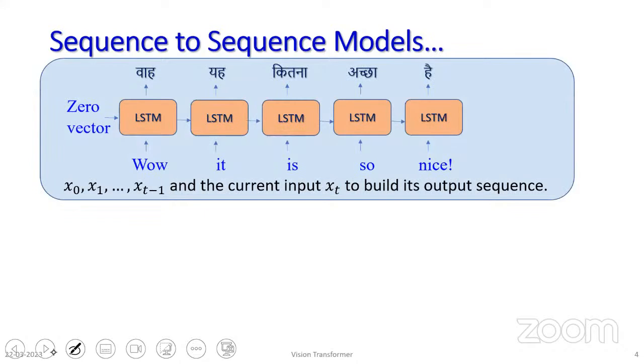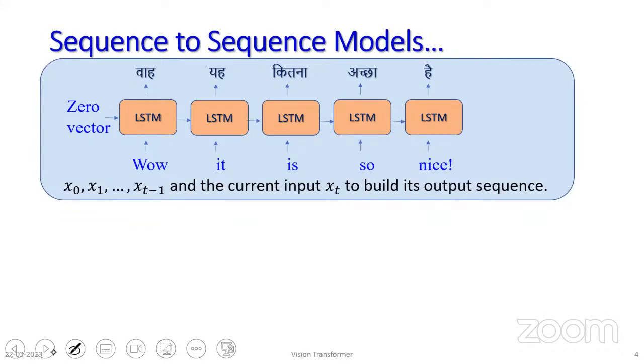Now let us consider a machine translation task, where "wow, it is so nice" is to be transformed to Hindi. Here you have a sequence of words and the current input xt is there to build its output sequence.